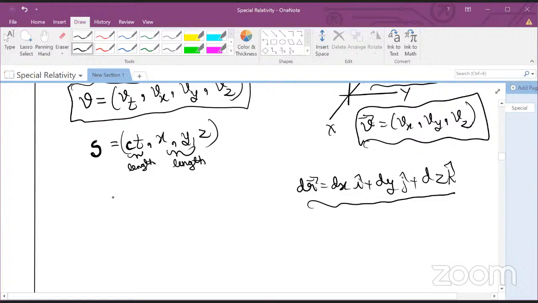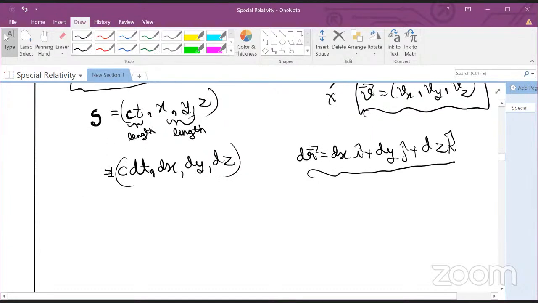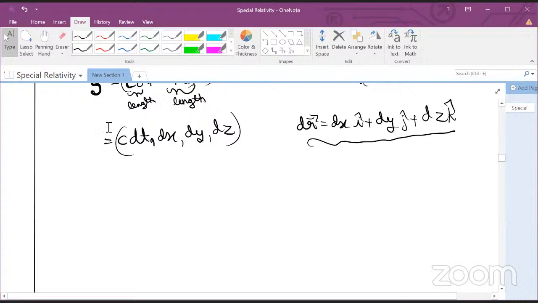Similarly, in 4D, c is a constant, so it is c dt, dx, dy, dz. I need to introduce some concept to write the left hand side. I'll introduce that concept and then come back to this.